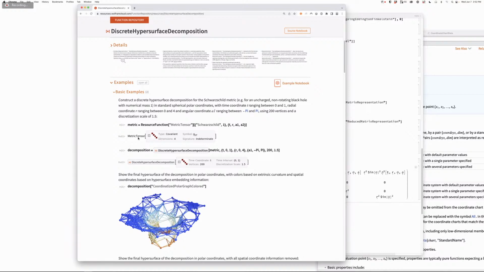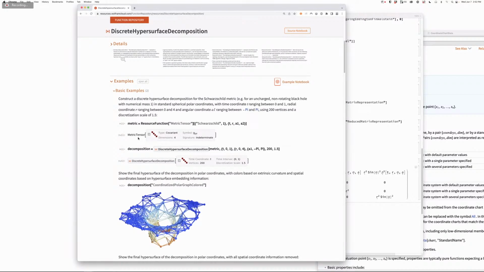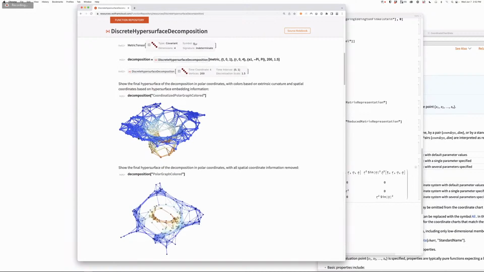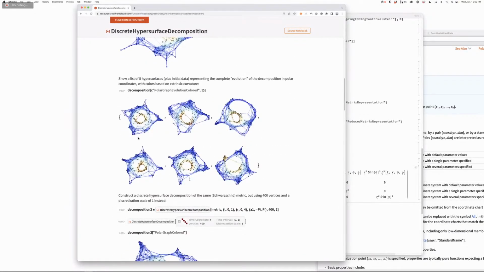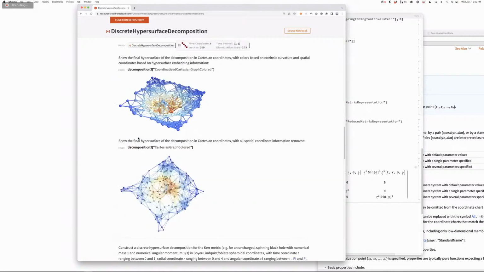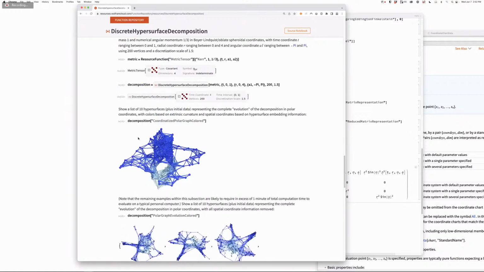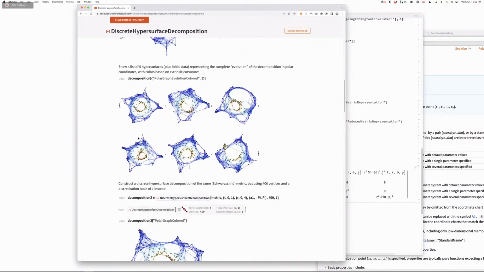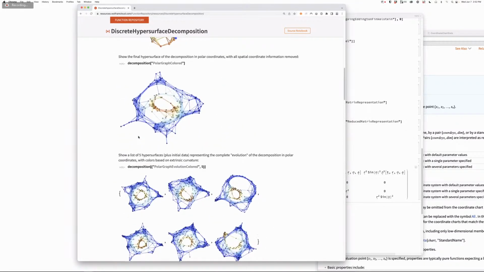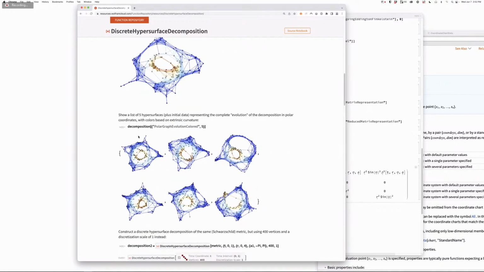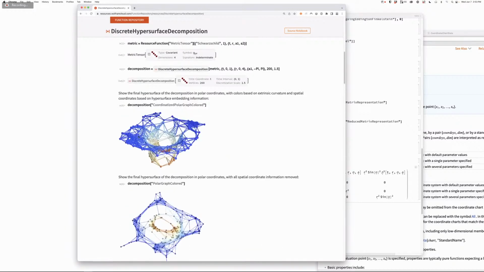So what this thing does is you give it a symbolic metric tensor, and it will do a space-time foliation of it, and it will produce a sequence of hypergraphs that correspond to different slices in that foliation. Those hypergraphs are not necessarily related by hypergraph rewriting. In the case where you are solving numerically, they will be related.